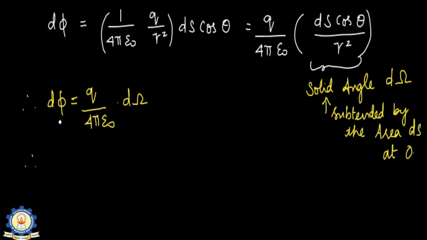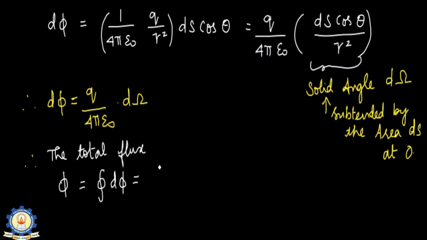So this is for a single point charge. If we consider the entire surface, we can calculate the total electric flux as phi is equal to closed integral d phi is equal to q by 4 pi epsilon naught closed integral d omega.